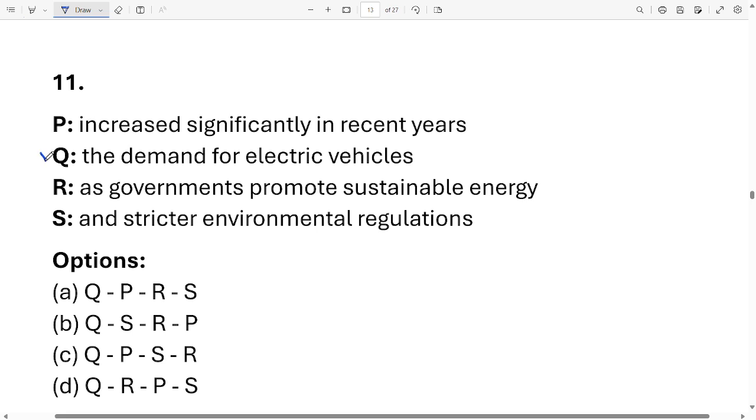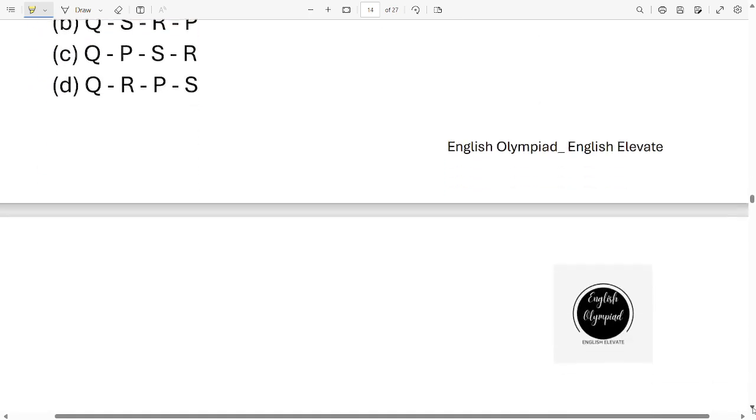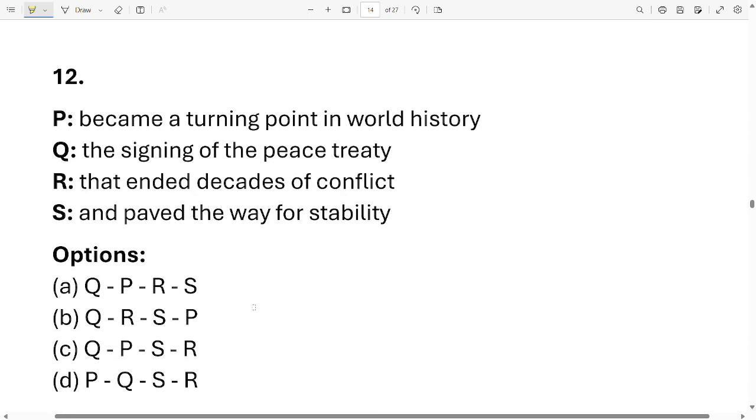It is first Q. The demand for electric vehicles increased significantly in recent years as government promotes sustainable energy and strict environment regulation. Okay, so these are the combination. Let's choose it from the options. We have Q P R S. Q P R S is the first option, option A. Okay, next one.